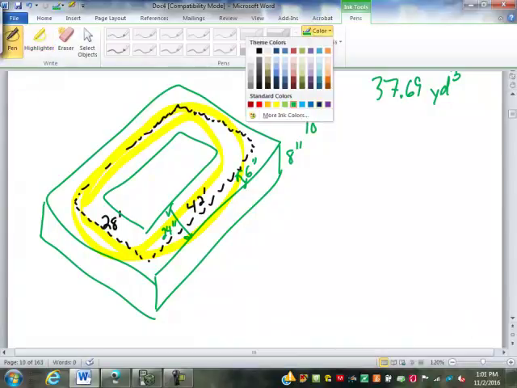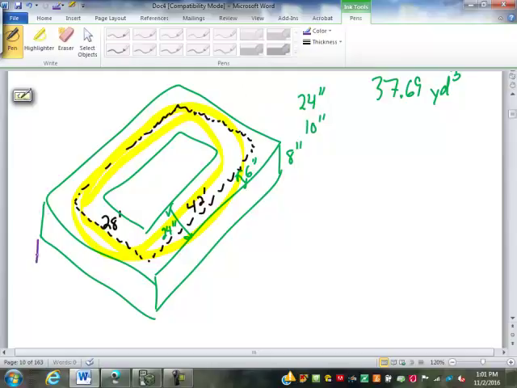So what is our outside dimension here? We got 28 feet here, right? We're adding 6 inches to each end, so that's 29 feet. I made it easy on you. This is 42 feet here to here.